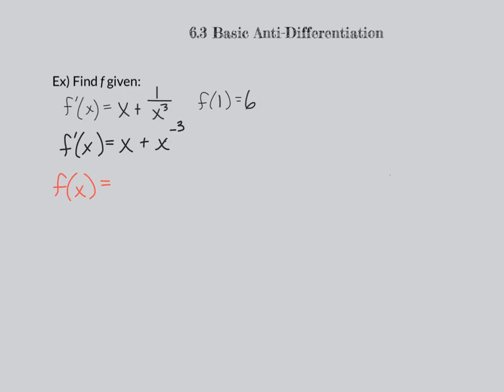And actually, what I can also do is write this as x to the 1st. So we're going to use our backwards power rule here because we have x to the n, and neither of those n's is -1. So we're going to use that rule where we do x to the n plus 1, and then we divide by that value.